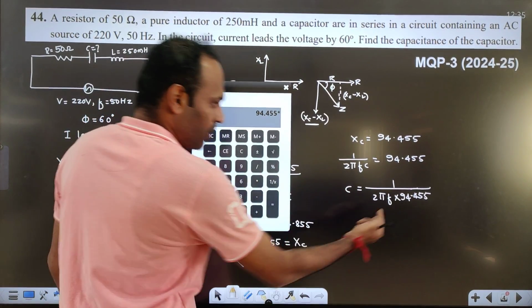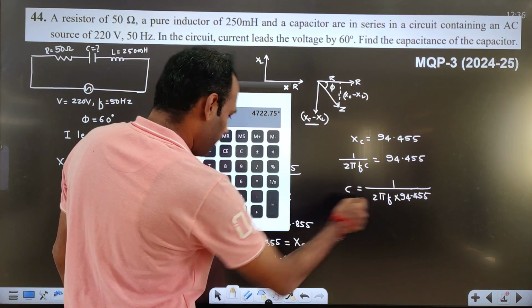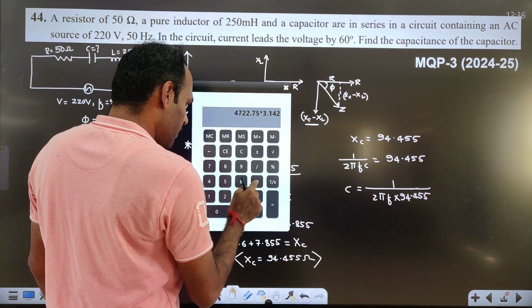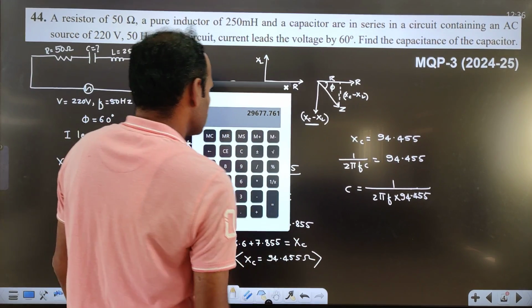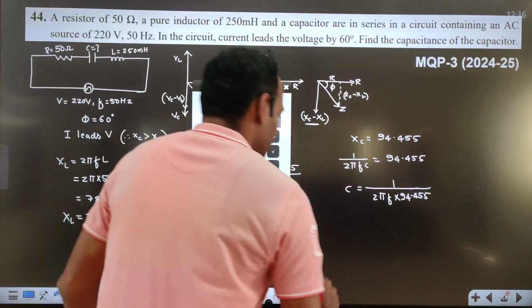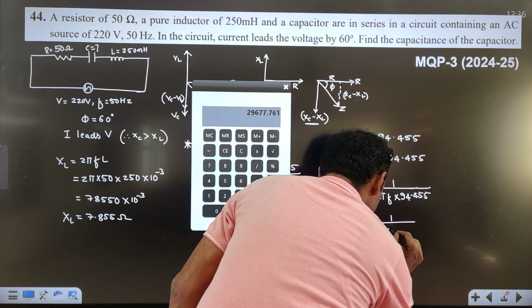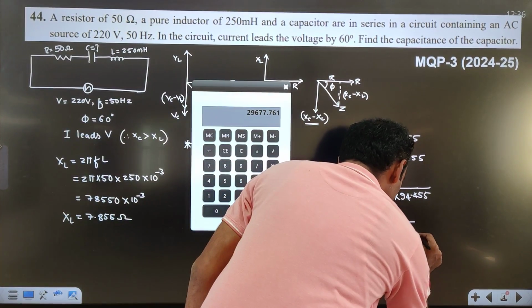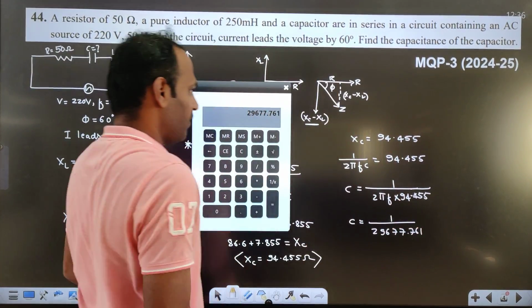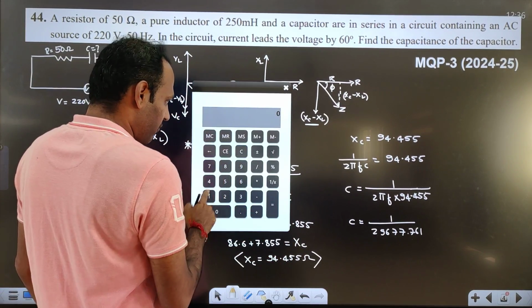94.455 into f is 50, into pi is 3.142, into 2. So this will be 29677.761. So C is equal to 1 divided by 29677.761. Okay, let us divide this.